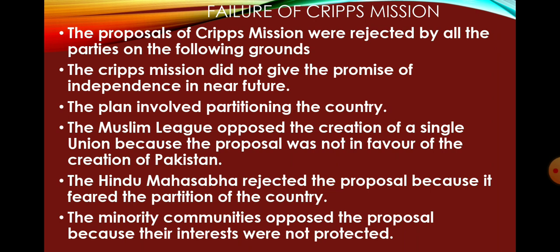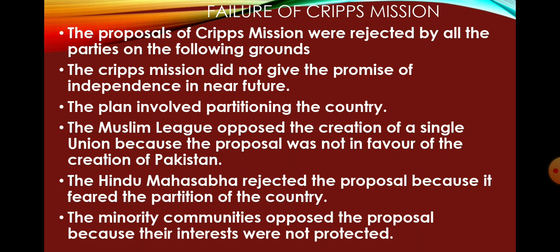The fourth one: the Hindu Mahasabha rejected the proposal because it feared the partition of the country. Like the Congress leaders, the Hindu Mahasabha also rejected the proposal because they disliked the country being divided into various states. The last one: minority communities like the Sikhs, Anglo-Indians, Indian Christians, scheduled castes and scheduled tribes opposed the proposal because their interests were not protected or respected.